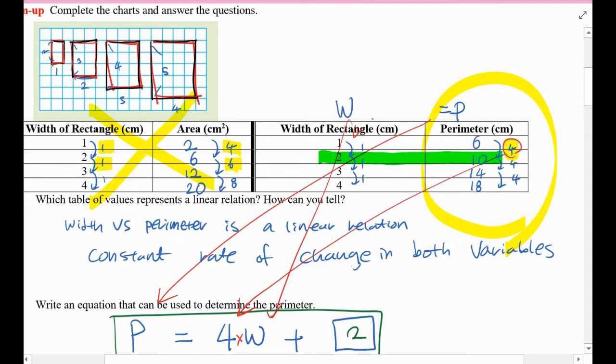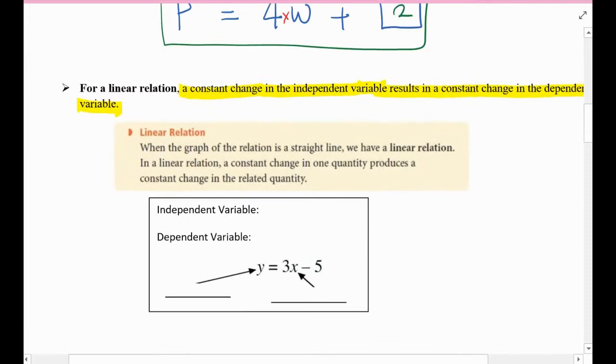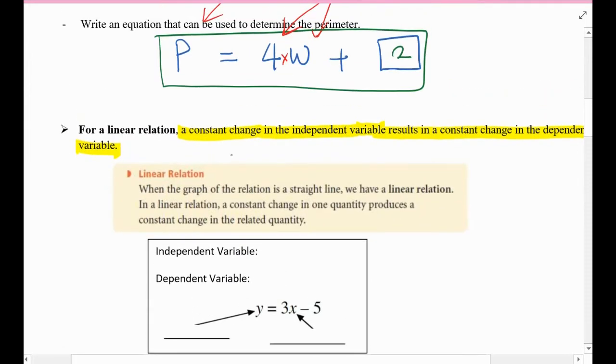Perimeter changes, right? If the width is 1, perimeter becomes 6. And if the width is 2, perimeter becomes 10. So width of the rectangle is independent variable, and perimeter is dependent variable, because depending on the width, the perimeter changes, right?